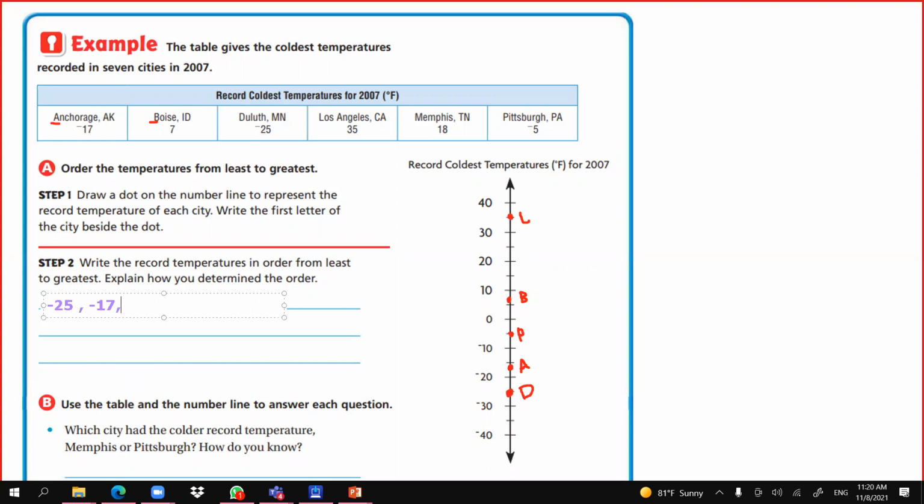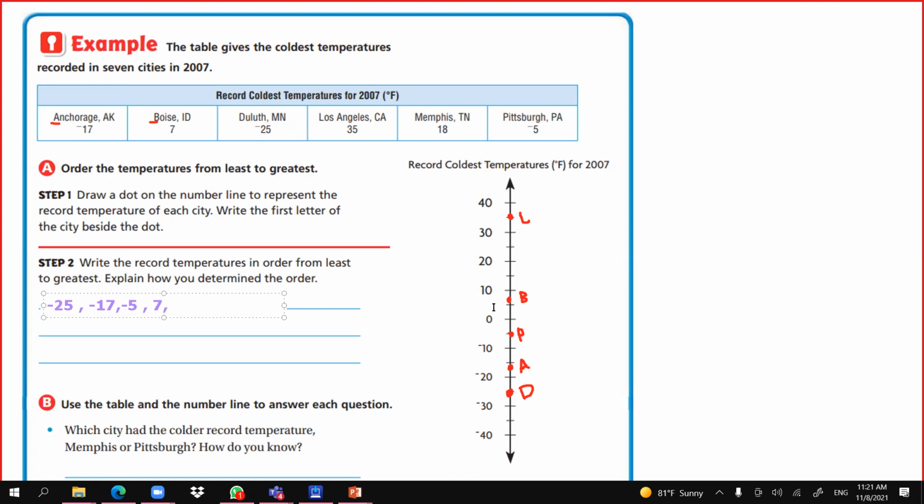Then negative 5. Bravo. Then there's no 5. There's no 5. 7, 7. It's 7.